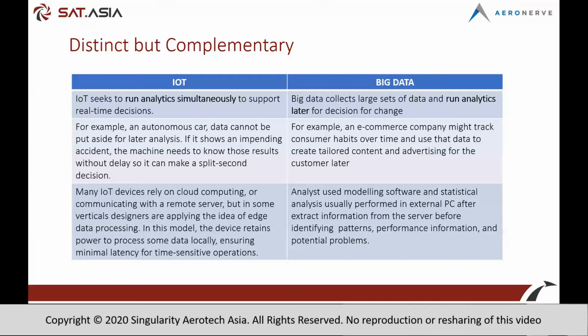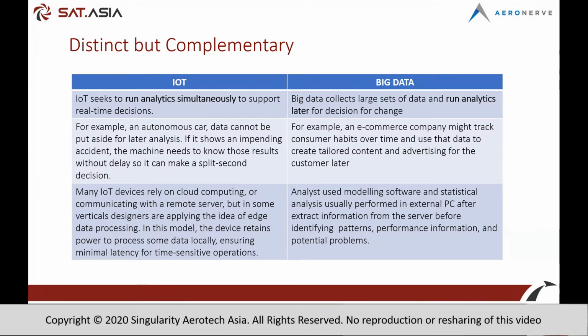And you only send the data off after you have processed it, so basically the result goes over the cloud. In this model, the device retains the power to process data locally and ensure minimal latency for sensitive operations. So there is no delay in terms of making decisions.